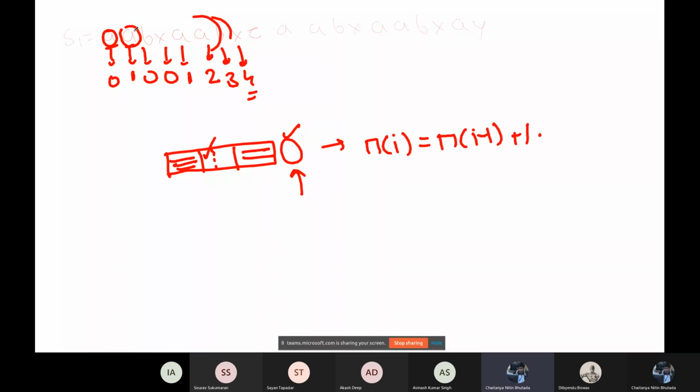Like suppose here the value of pi was 2. So we don't need to check again at this position if A matches or not. We will check B and B. As it matches, we will just add 1 to the value of 2.